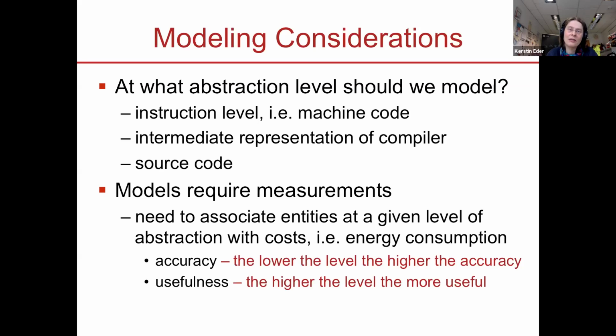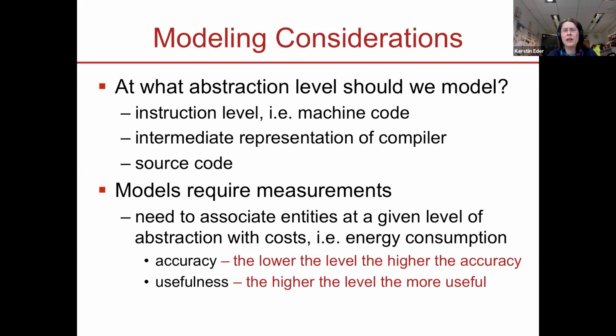In terms of accuracy, the lower the level, the higher the accuracy, because the closer to the hardware I am, the more accurately I can measure. Unfortunately, it's different for usefulness, because the higher the abstraction level, the closer to the source code, the more information I can give to the programmer, so the more useful it is.